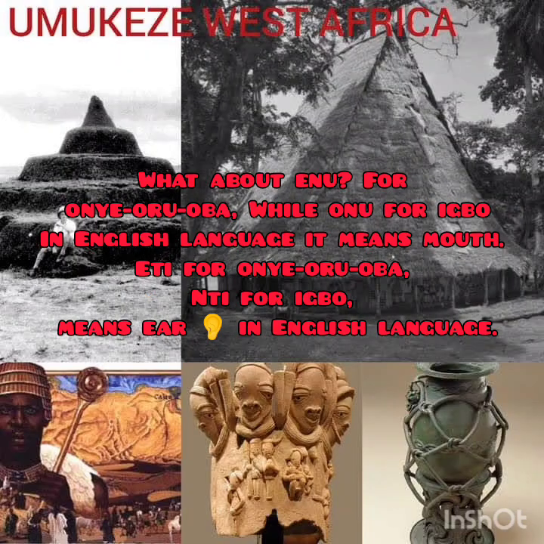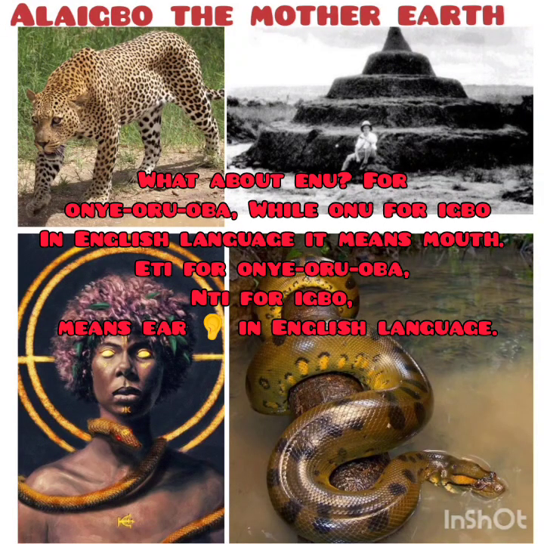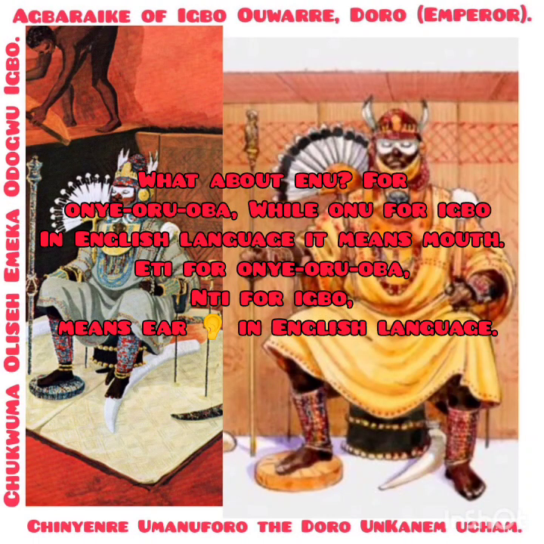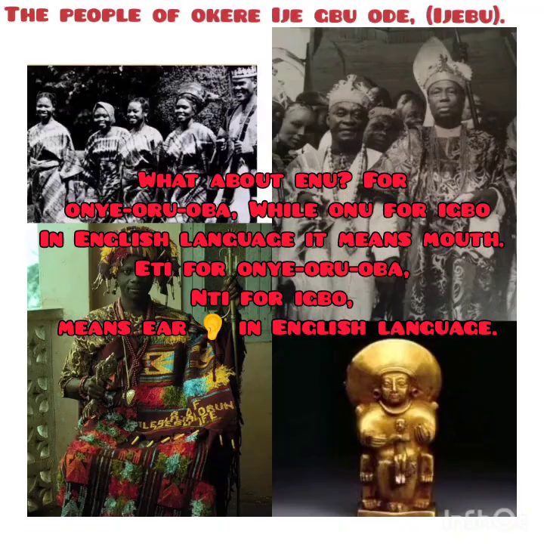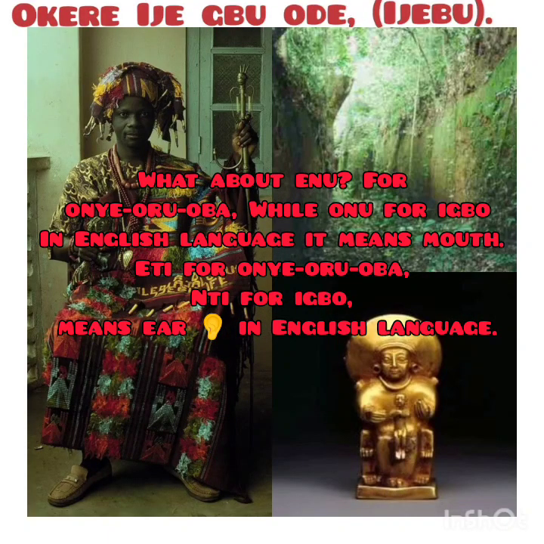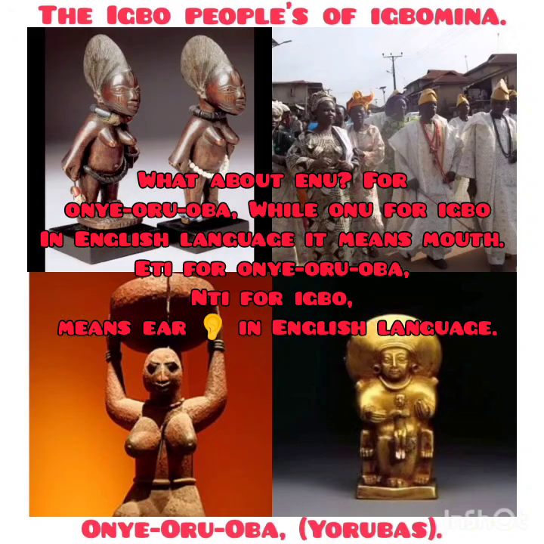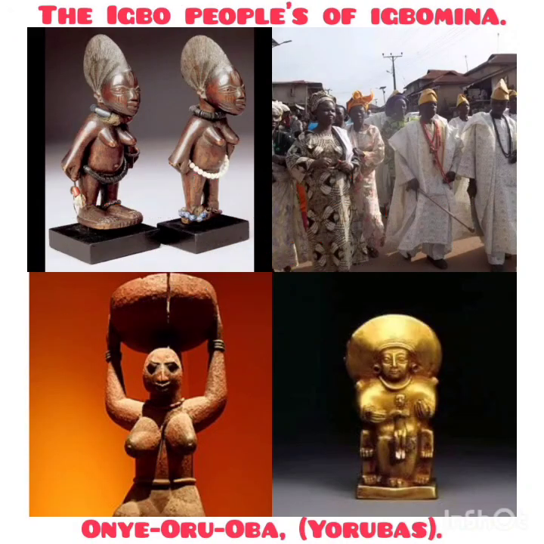What about Enu for Onye Yoruba, while Onu for Igbo? In English language, it means mouth. Eti for Onye Yoruba, Inti for Igbo means ear in English language.